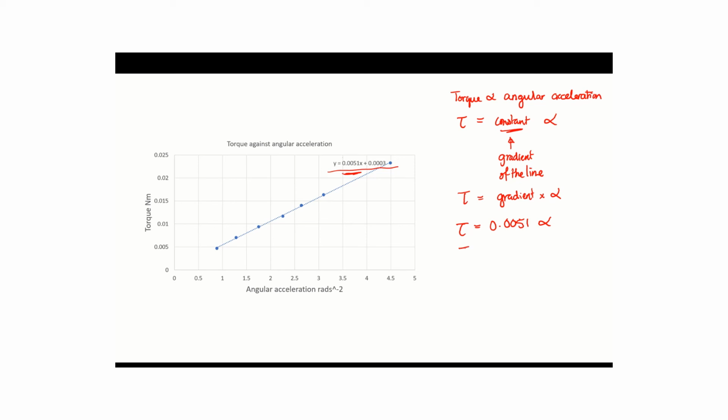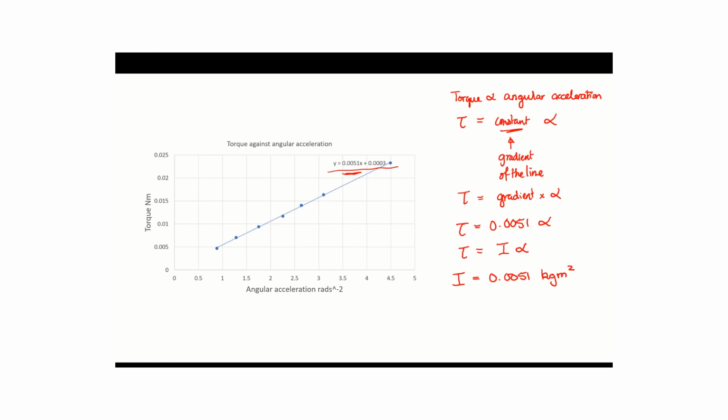If we compare that with torque equals I alpha, which was the equation about torque in the previous video, we can see that I equals 0.0051, and the unit for inertia is kilograms meters squared.